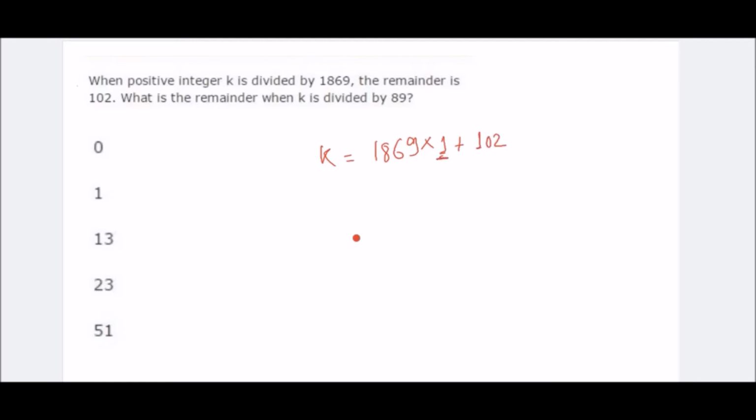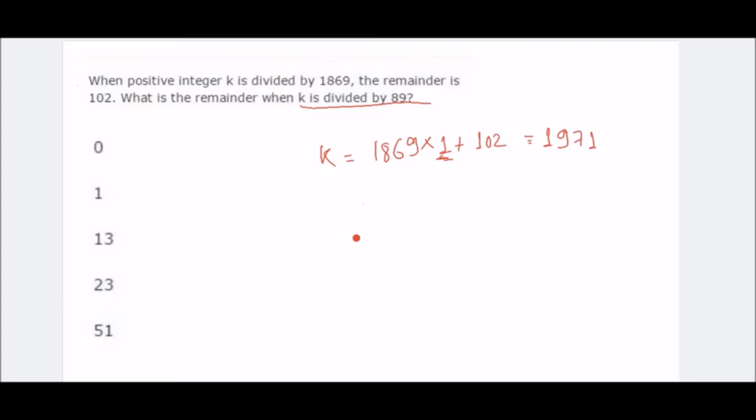It could be 2 times also, 3 times also, but let's consider 1, okay? So that it will be easy for us to find out. Because if you consider 2 also, the condition will be the same. We'll get the same value when k is divided by 89. So don't worry about it. Let's consider any one value. So here we consider just 1 and it will become 1971.